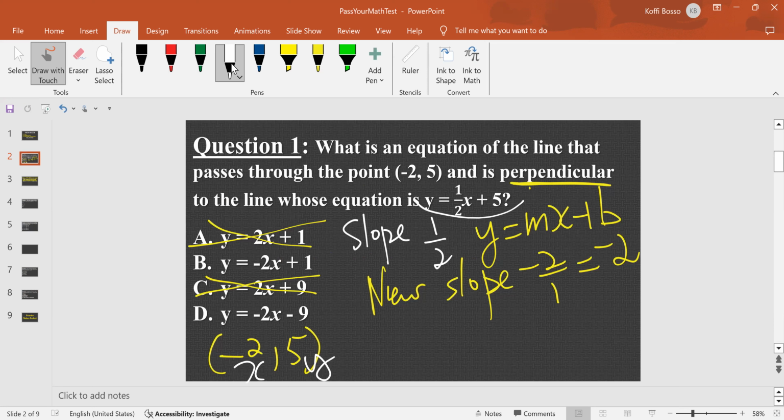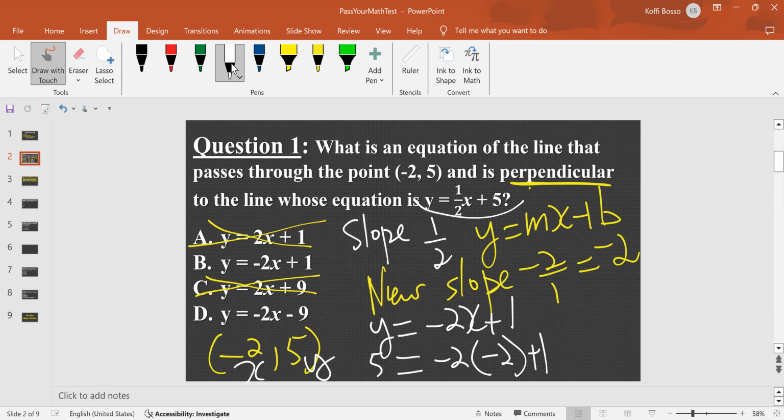Having y equals negative 2x plus 1, if I substitute 5 for y, I have 5. Is it equal to negative 2 multiplied by the x value, negative 2, plus 1? Let's check.